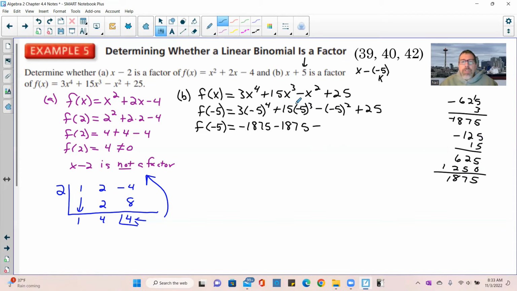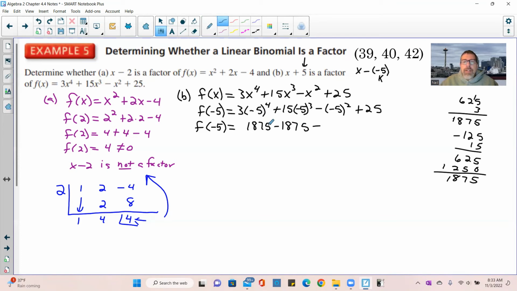Or let me make sure this is right. Oh, I'm sorry, a negative to the 4th power is not negative. This would be positive. It's not negative 625, it's positive, so it's not a negative in front. Negative to the fourth power is positive, times 3 is positive.